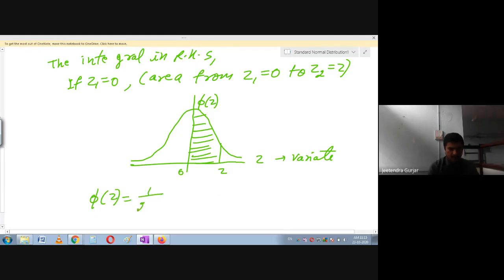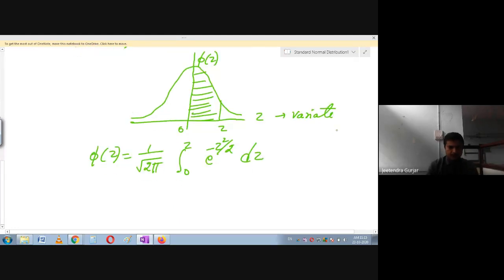So this formula is 1 divided by square root 2 pi, integration 0 to z, e raised to minus z square upon 2 dz. I just repeated this now. So this represents, students, the area from z equal to 0 to z.